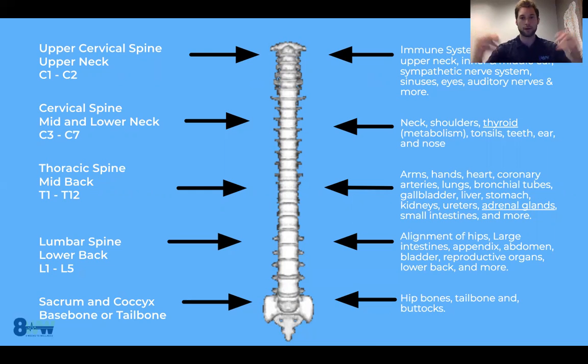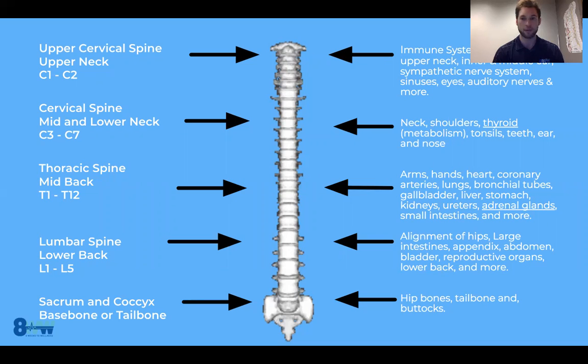Your arms, your head, your shoulders, teeth, right? And as we go down through the spine, the thoracic spine controls more of the organs, affecting your digestion, your liver, adrenal glands, kidneys, things like that.